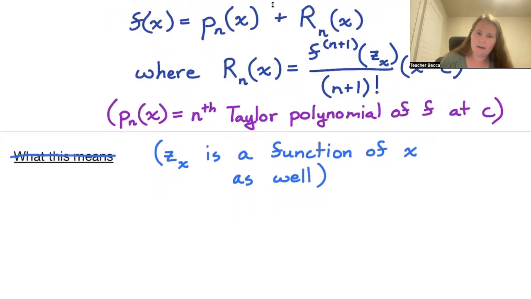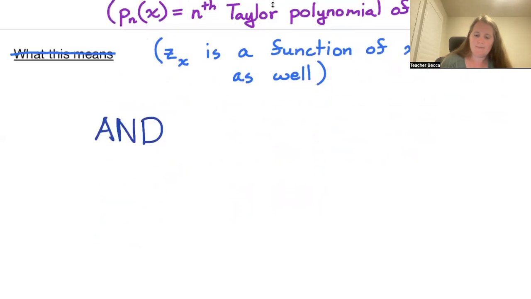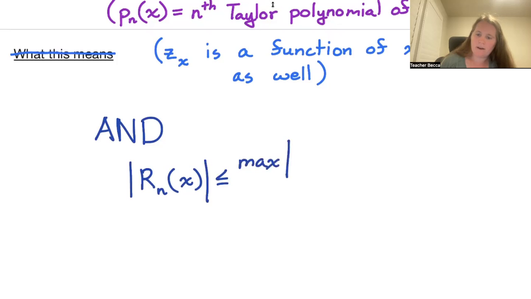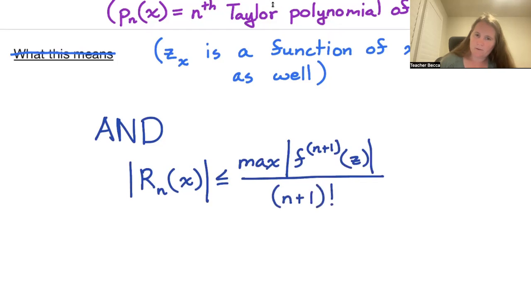Then we also have that the absolute value of r sub n of x is less than or equal to the max of the absolute value of the n plus first derivative of f evaluated at z, all over n plus 1 factorial, times the absolute value of x minus c raised to the n plus 1.